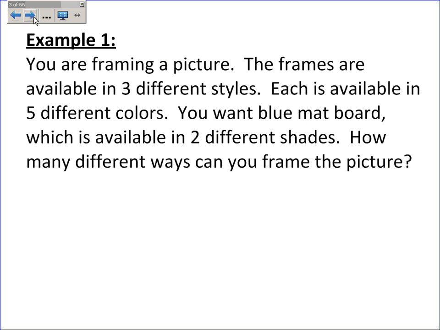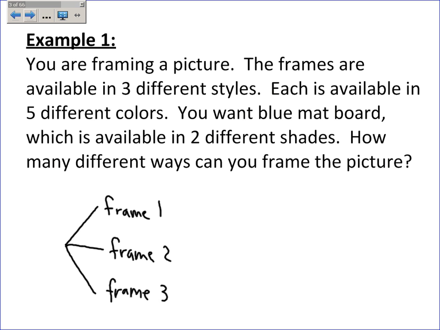I'm going to draw a tree diagram to help me illustrate this. If I have 3 different styles of frames, if I happen to choose frame 1, I could then choose from the 5 different colors of that frame.